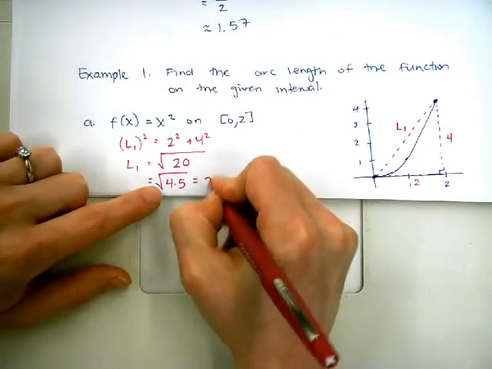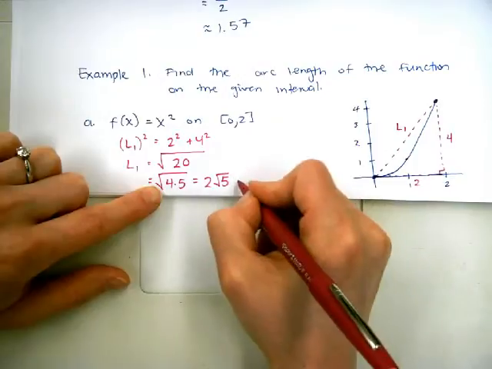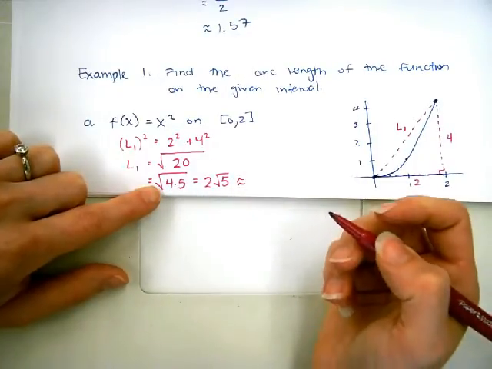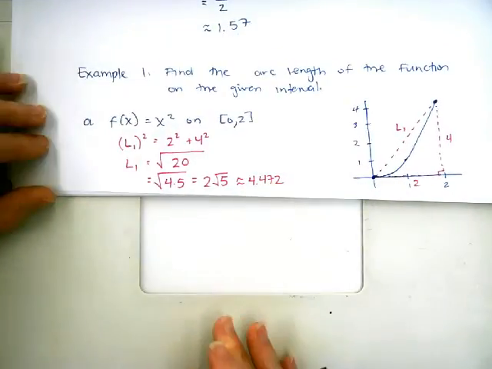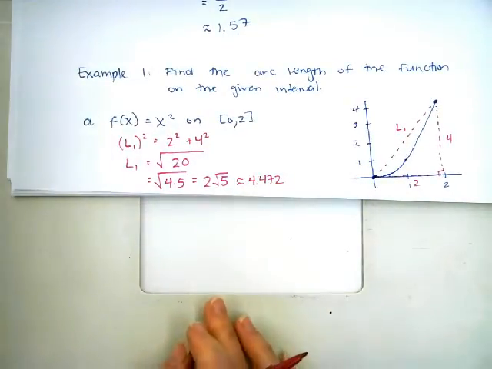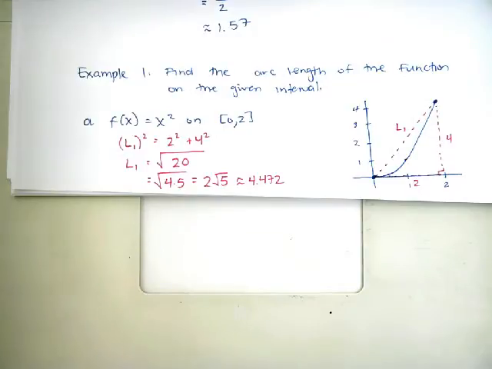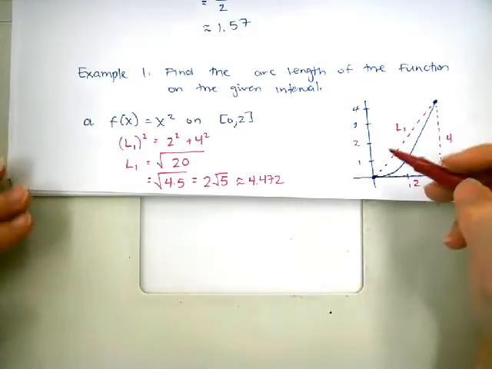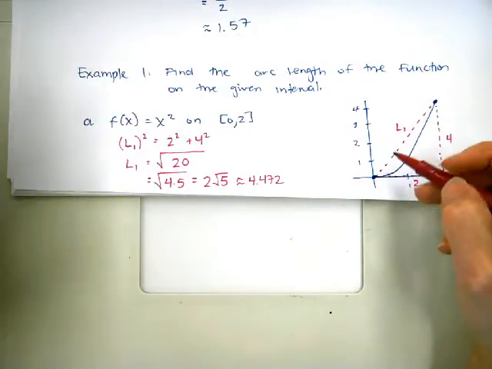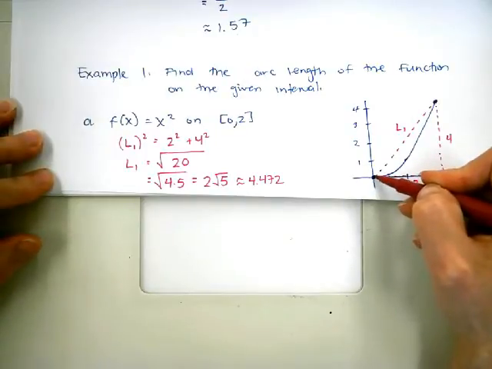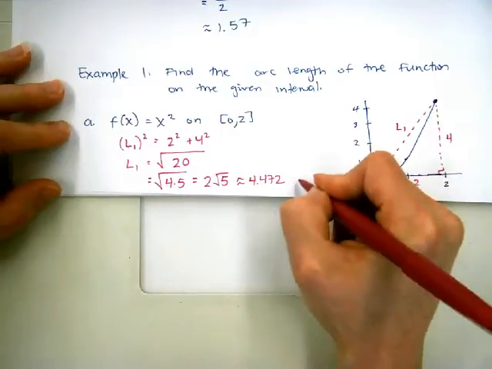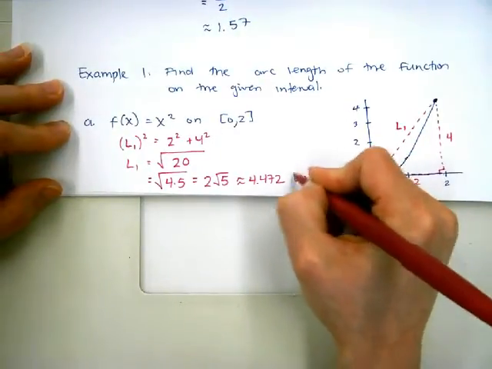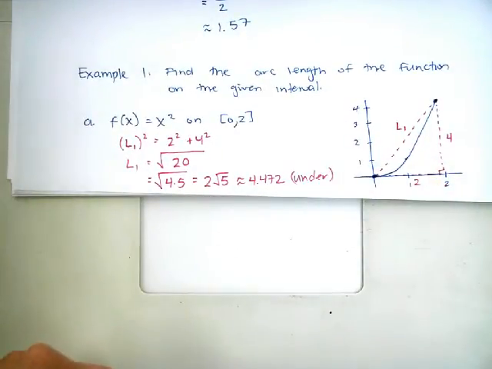So this could be written as 2 root 5. And either one of those is about 4.472. Okay, so 4.472, about a little under 4.5, would be the distance to travel from this point to this point directly. So this is an under approximation to the actual arc length of the curve.